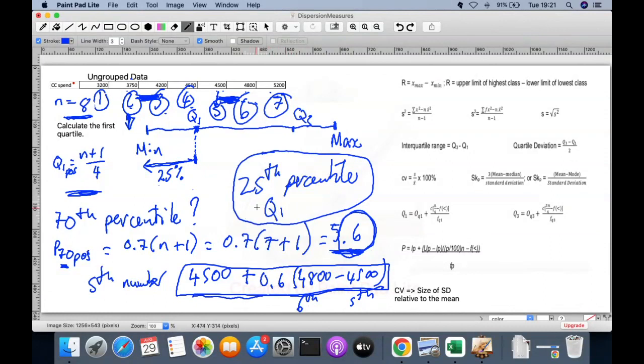The 50th percentile is actually the median, because it means 50% of the data is on the left and 50% on the right. That means it's the halfway mark. That's what your median is. So that takes care of quartiles and percentiles.